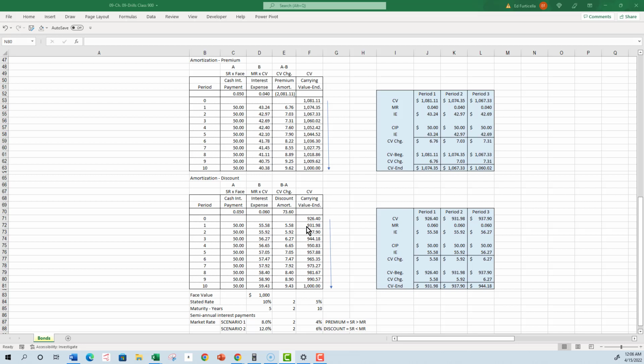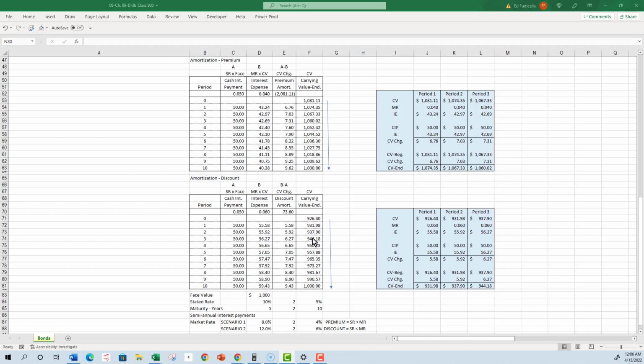For period 2, you'll start with the $931.98 carrying value from period 1. Multiply it by the market rate of 6%, get the interest expense of $55.92. The difference between the interest expense and the cash interest payment is the amount that the carrying value will change. It's also the discount amortization amount. The $5.92 gets added to the carrying value from the beginning of the period to get the ending carrying value.